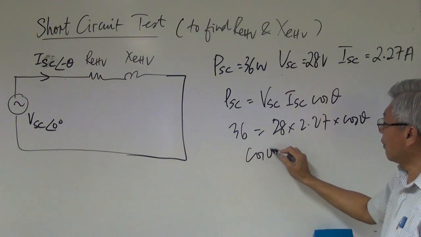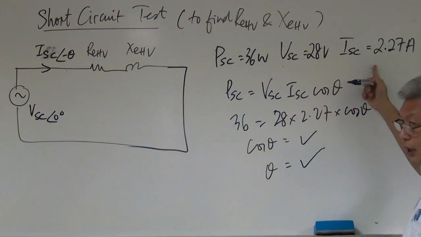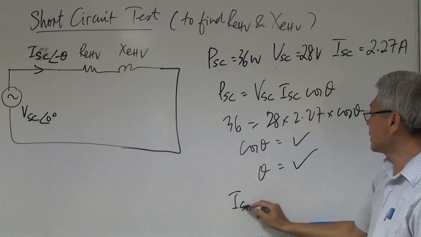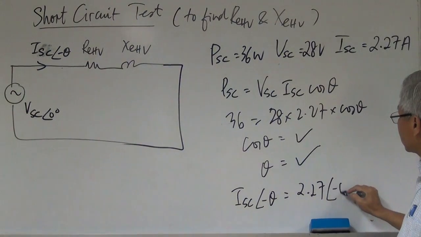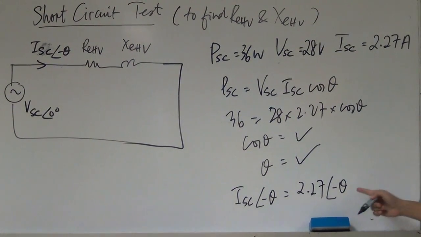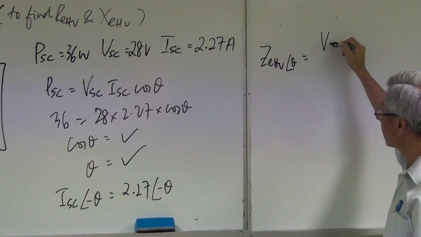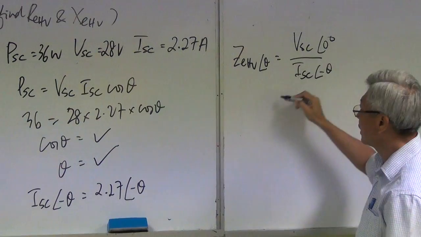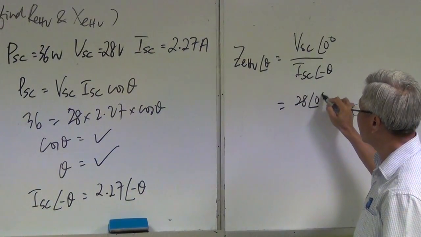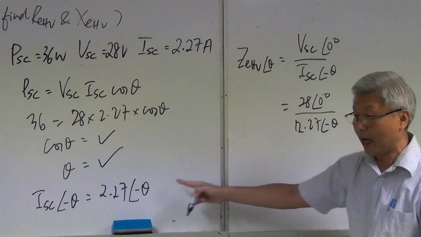So cosine theta can be found using a calculator, and theta can be found. Substitute this theta into the current. So ISC at minus theta, which is 2.27 at minus theta, the value that you find. Right? Then find the impedance, which is equal to VSC at 0 degree over ISC at minus theta. So that will be 28 at 0 degree divided by 2.27 at minus theta that I found.